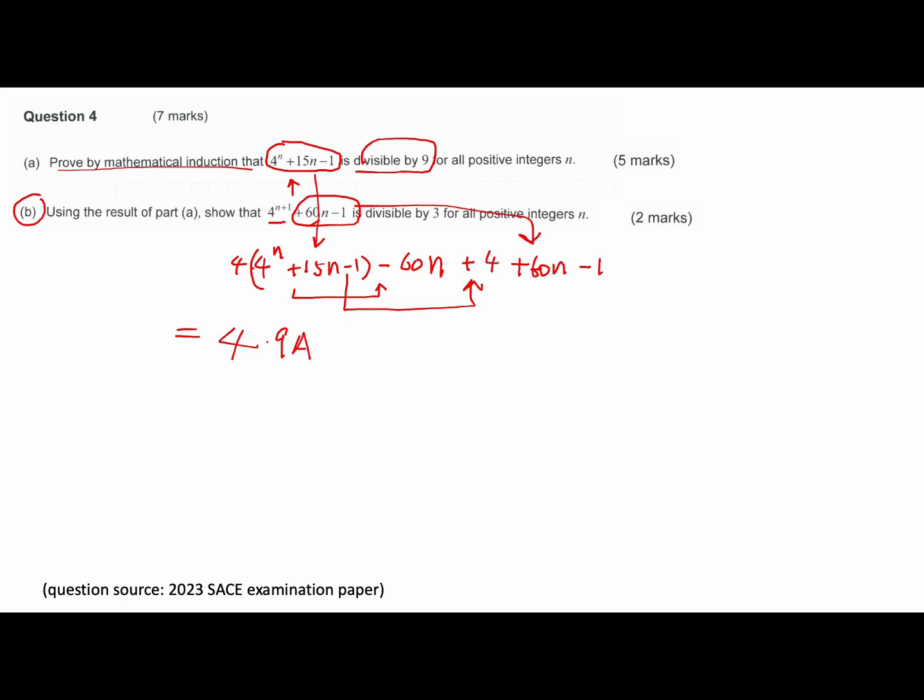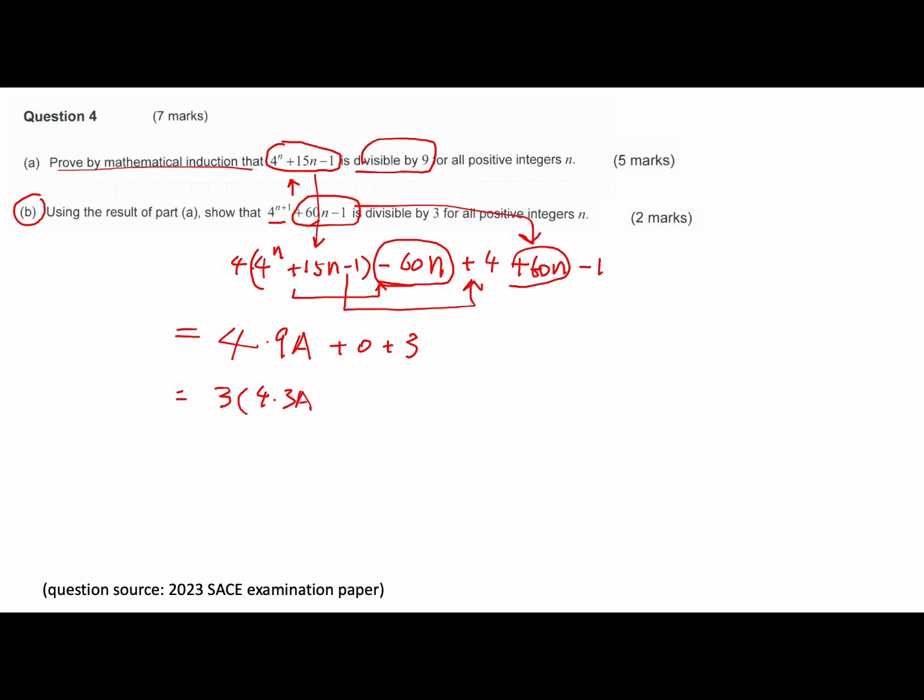and then here I collect the like terms. So we got negative 60n and positive 60n. So we have a 0, and then we plus 3. Now we can see that there is obviously a multiple of a common factor of 3. So I put 3 in front. What inside would be 4 times by 3i.